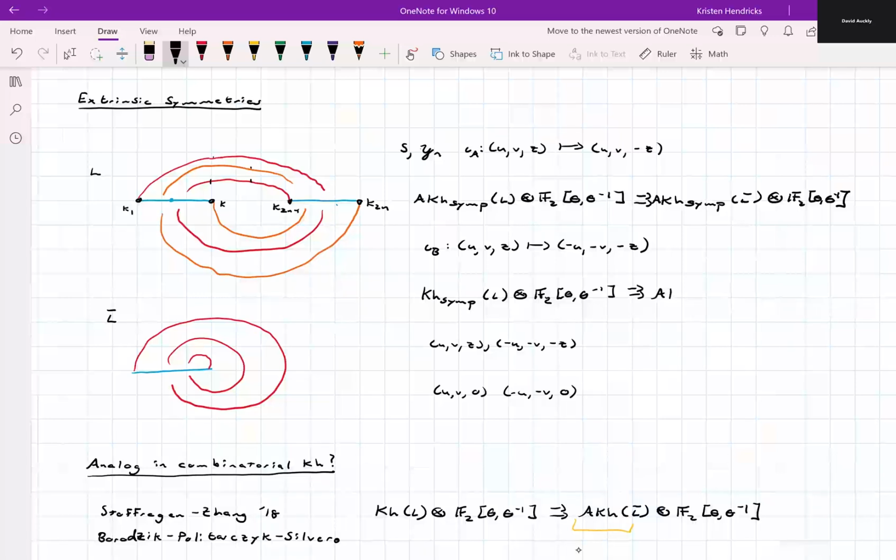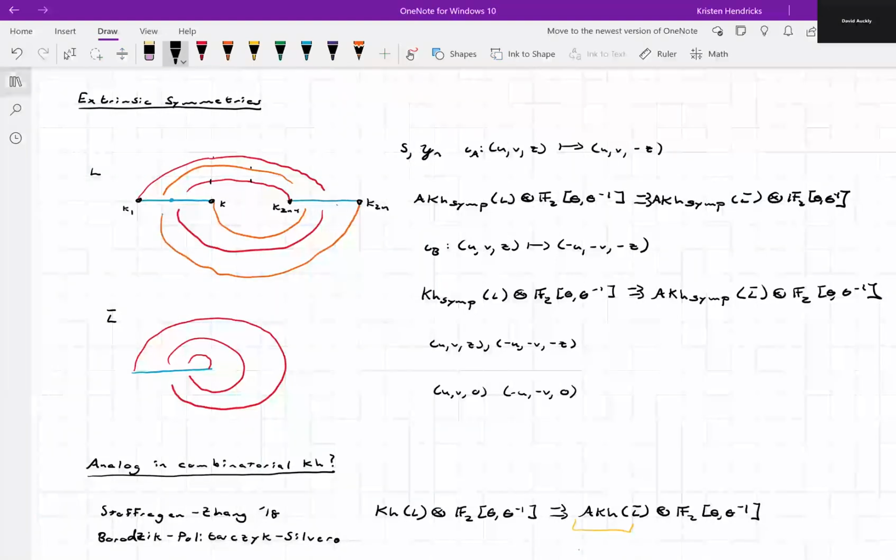That's a little bit more work to verify, but you've just heard the intuition. It's that you can't have anything fixed sitting above 0. And that recovers the analog of the Stoffregen and Zhang spectral sequence.